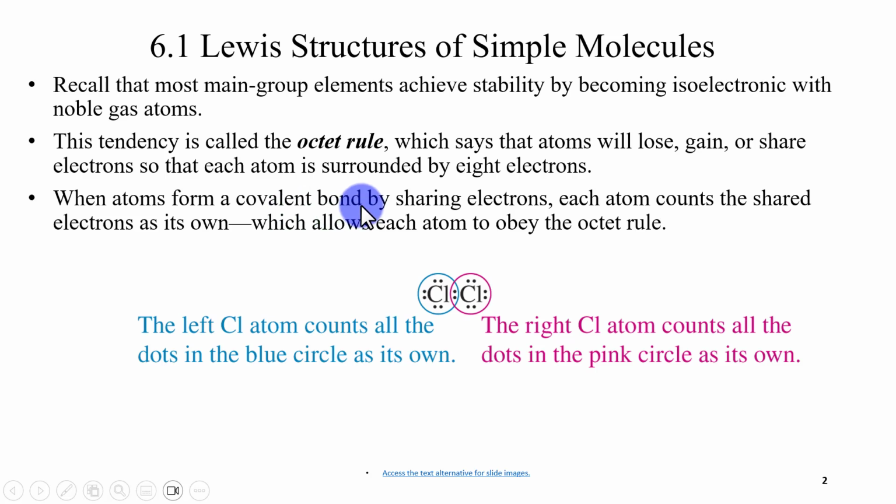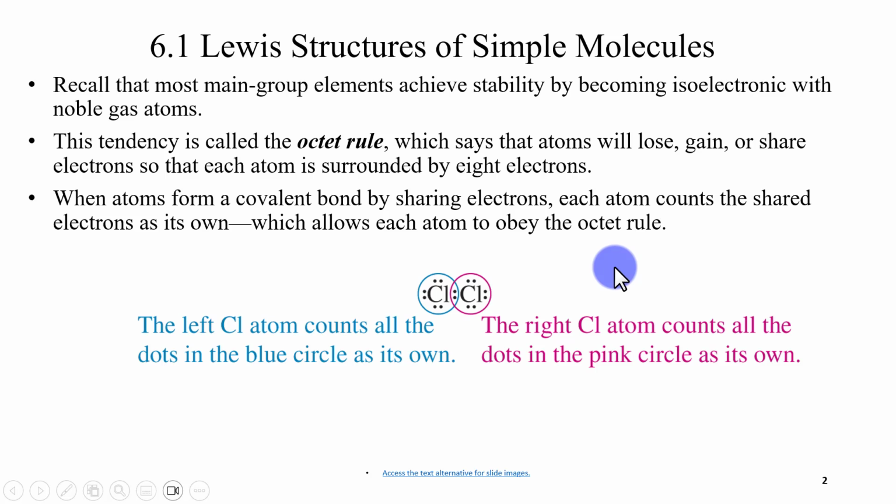Now they can form covalent bonds by sharing those electrons. Then we can count the shared electrons for either atom, because technically, since they're sharing them, they belong to both, and this allows all the atoms that participate in the bonds to obey the octet rule, except for hydrogen, because hydrogen can only accommodate 2 electrons and no more.